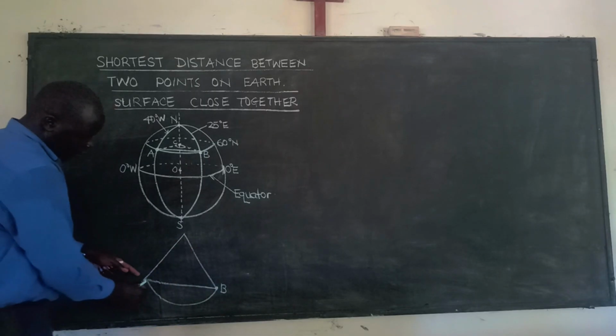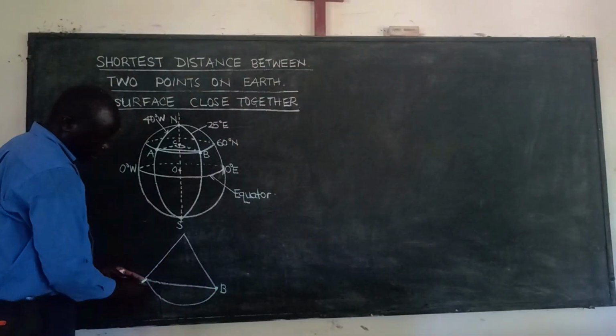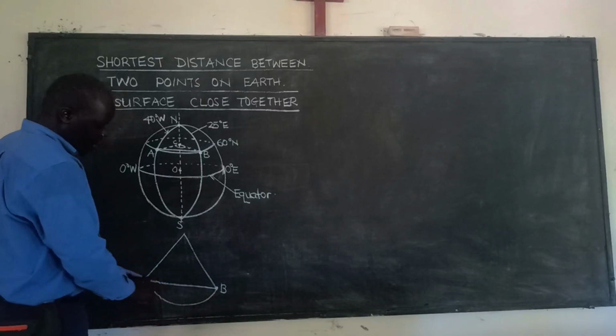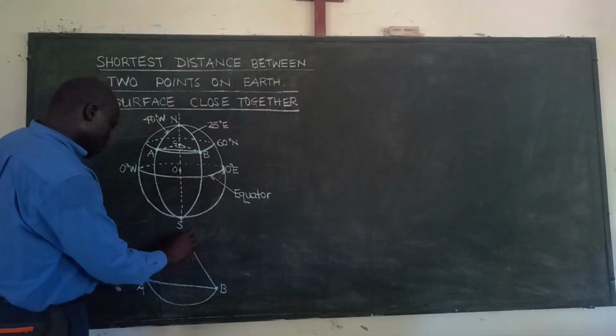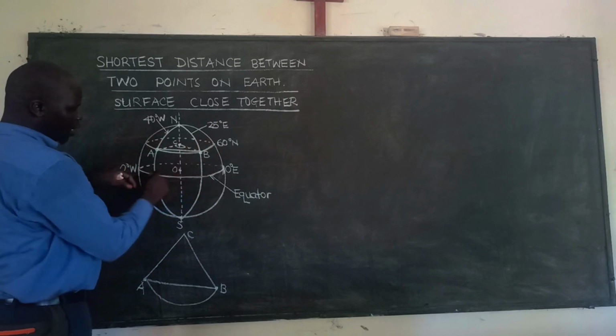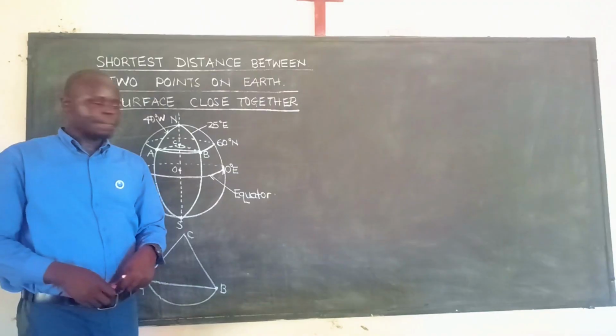You can see somebody who moves from A to B using this route is shorter than somebody who moves from here like that. So that is why we call it the shortest distance. Now here is our center C. That is the extract of what we had here, A, B and C. So I brought it out for it to look clear.